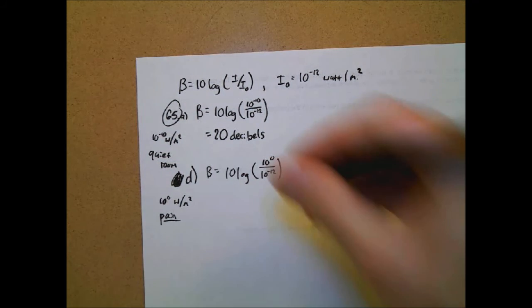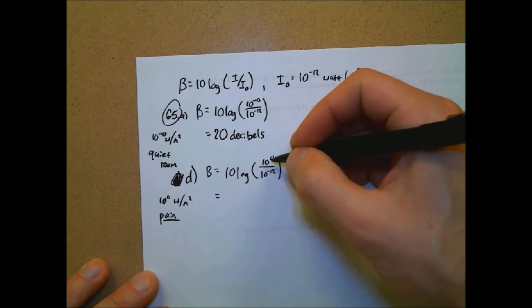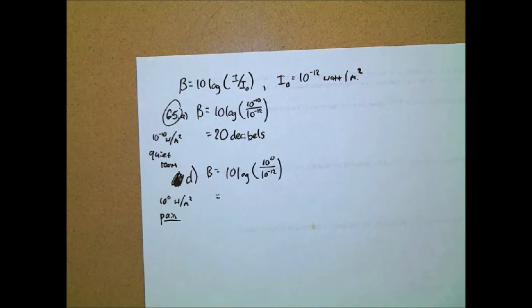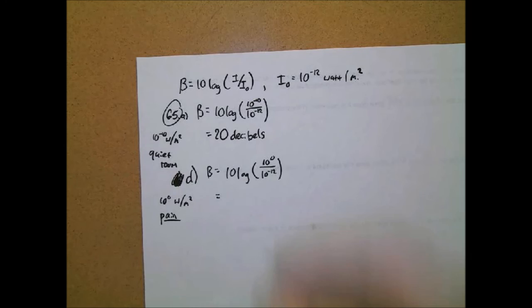Well, again, we can do this mentally, really. It's going to be 120, but type it in your calculators if you like. Yeah, this is actually pretty easy to do without a calculator too, if you think about it. To divide two numbers with the same base, you subtract your exponents.